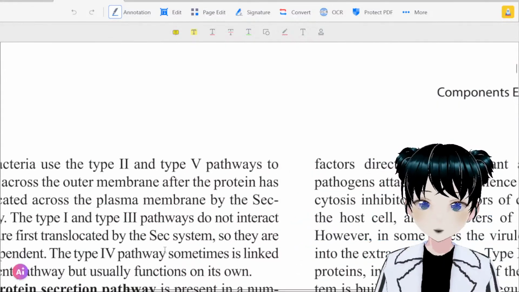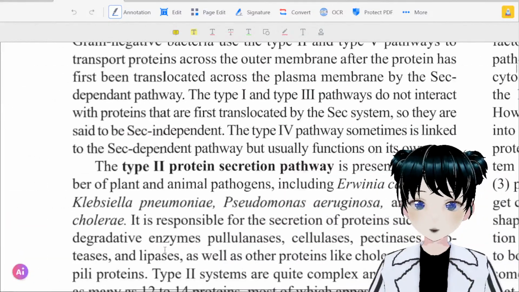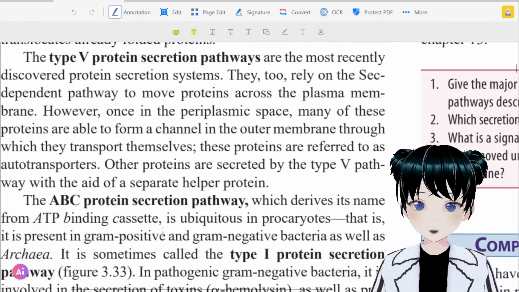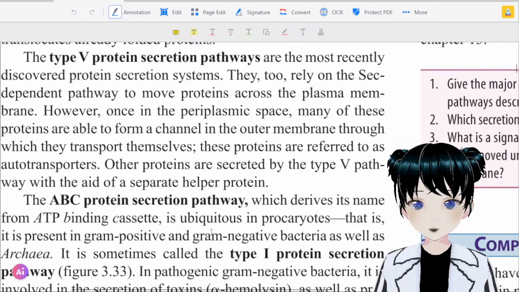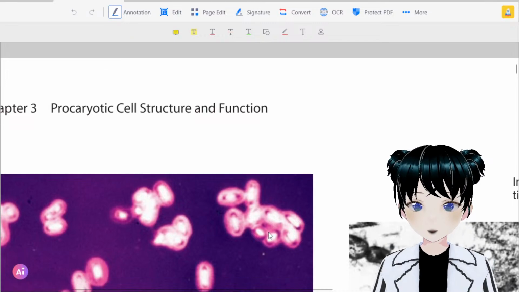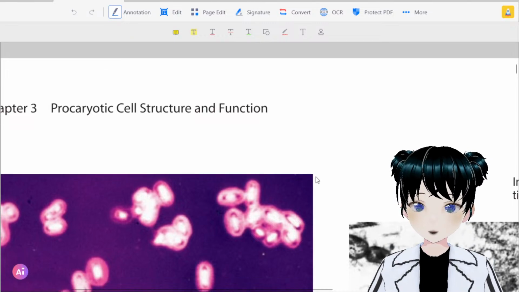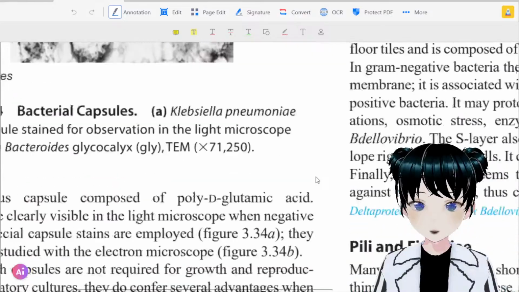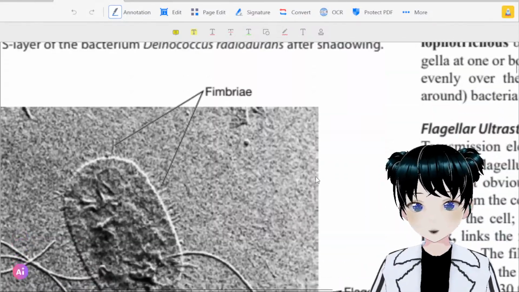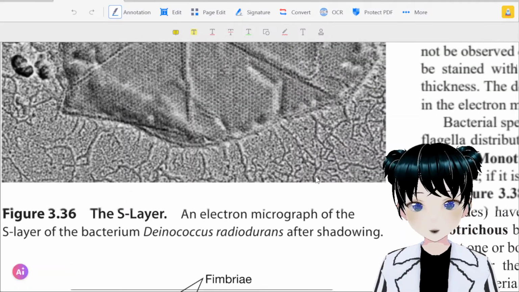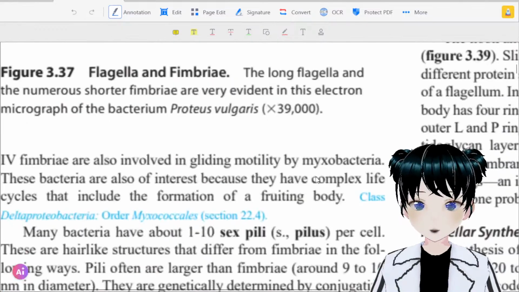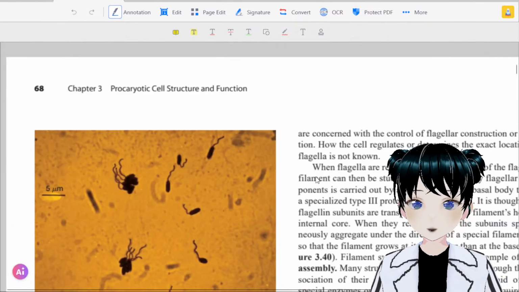Now, there is a type 1. You jinxed it, I think. It doesn't want to study anymore. The ABC protein secretion pathway, or you can say the type, oh my god, what is this? What is this behavior? Oh my god. Hey, can you talk a little bit slower?